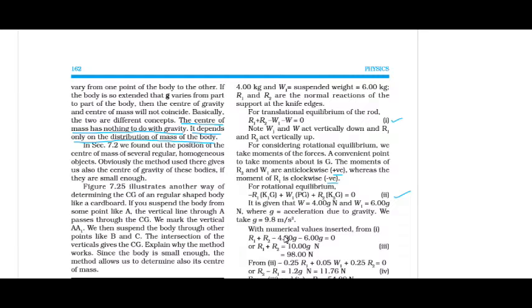We take g is equal to 9.8 meter per second square. With numerical values inserted in 1, R1 plus R2 minus 4g minus 6g is equal to 0, or R1 plus R2 is equal to 10g Newton, which is equal to 98 Newton. This is equation number 3.